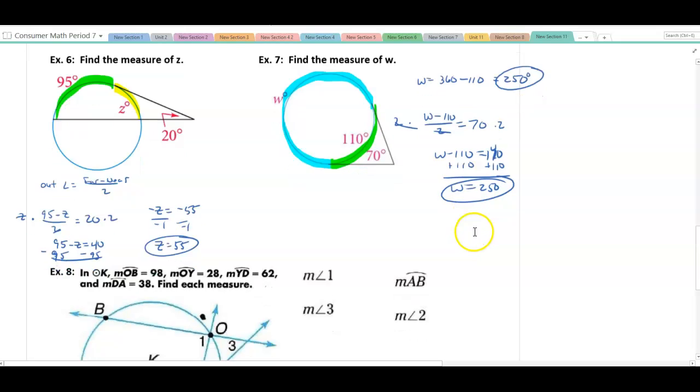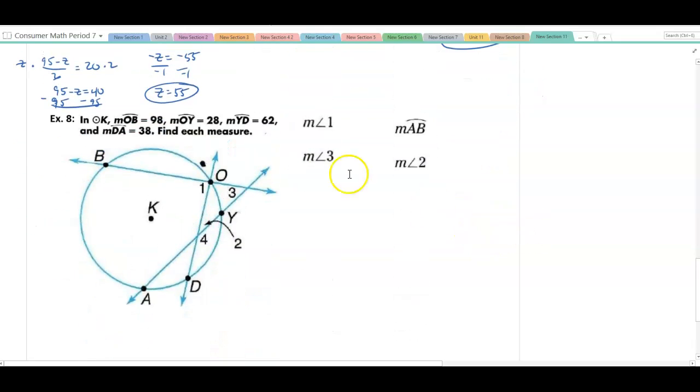Okay, so the last example here, I'm going to tell you right now, the first thing you want to do is take the given information and mark the diagram. So OB is 98, so that's 98 degrees. OY is 28 degrees.